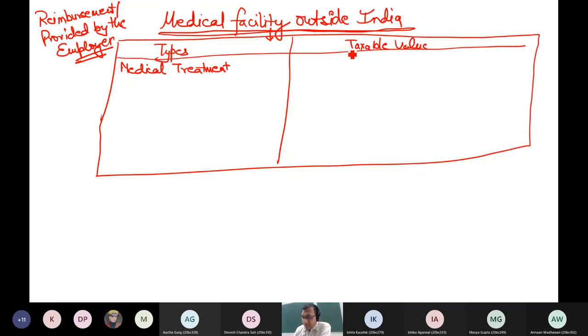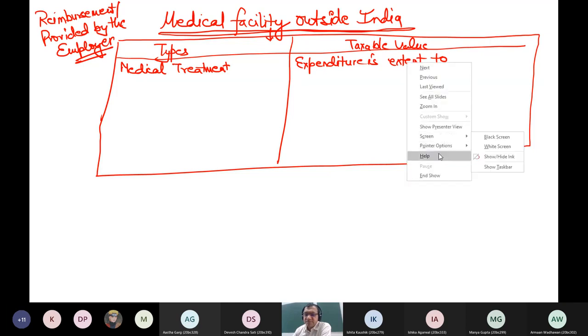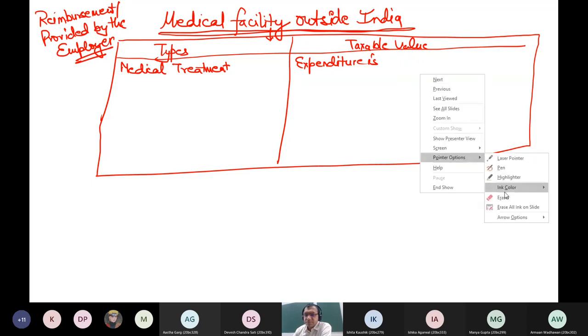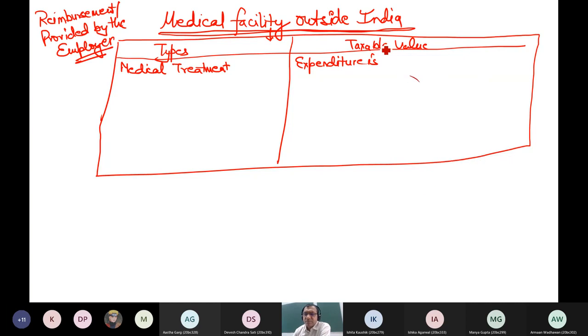You will say that this expenditure, medical treatment expense reimbursed, is exempt to the extent permitted by RBI.